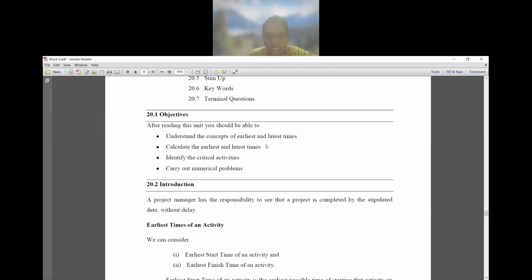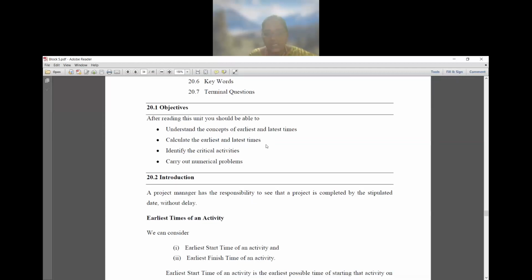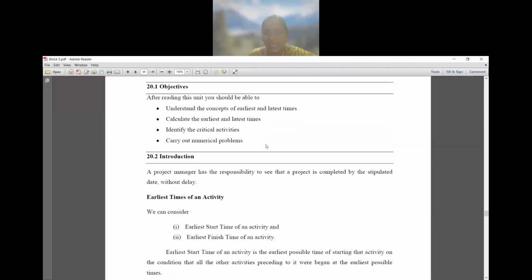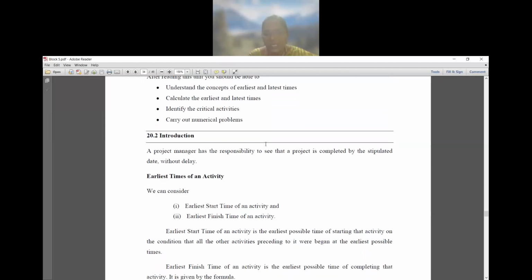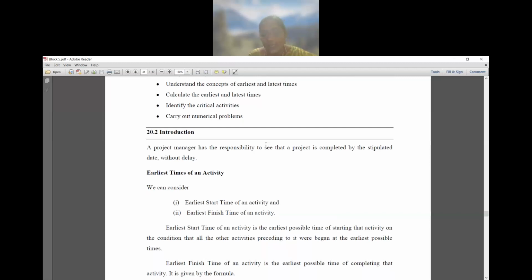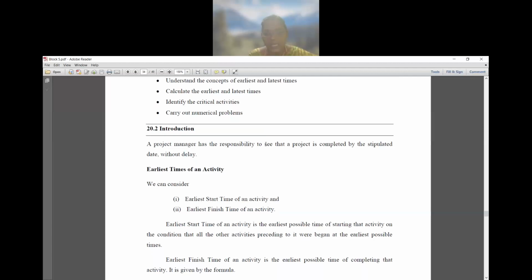First thing is earliest times of an activity. Let us consider the earliest start time and earliest finish time of an activity.